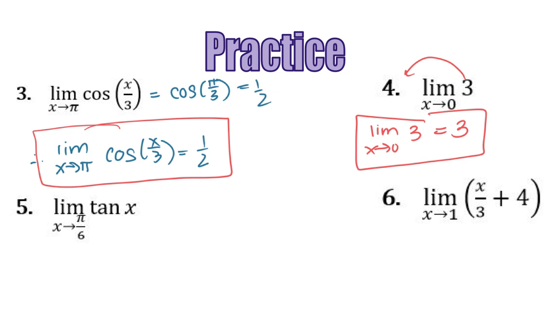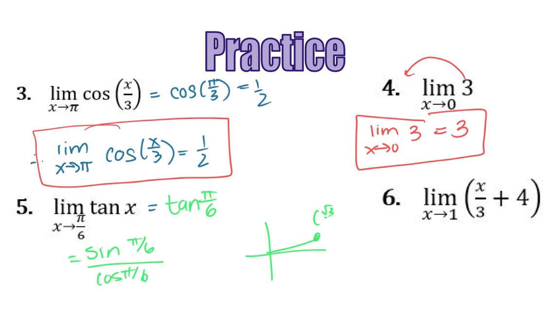For number 5, we're looking at the value of tangent at pi over 6. We know that tangent is the same thing as sine over cosine, so sine of pi over 6 over cosine of pi over 6. On the unit circle, that would be this coordinate out here, which would be root 3 over 2 for cosine and 1/2 for sine.